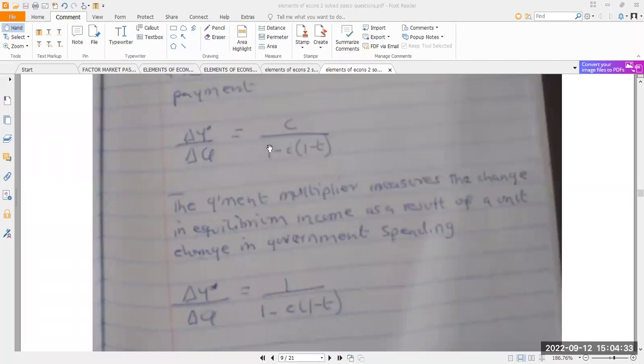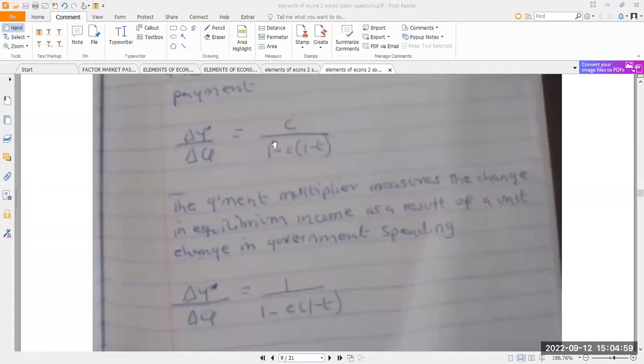And this is the reason. Mathematically, there's a restriction on C. Remember, it's less than 1. Okay, C is less than 1. So if C is less than 1, then it means that the numerator here is greater than this one here. So definitely this ratio here will be larger than this.